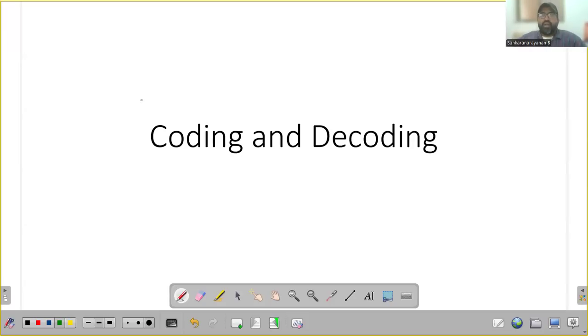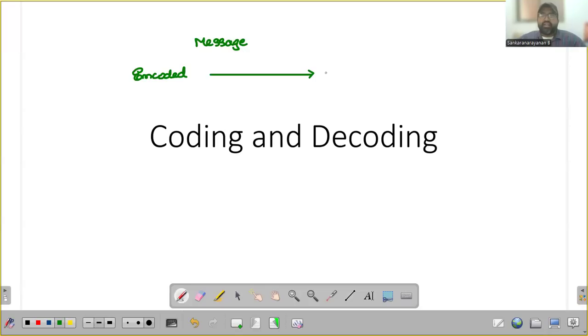Okay. So the basic coding and decoding, if I tell you the structure, there will be something called a message, right? That message is first encoded using some logic. And then this encoded message is transferred through a medium.